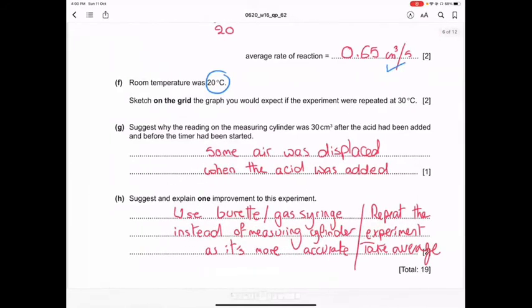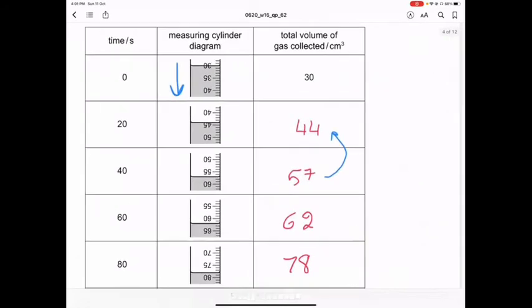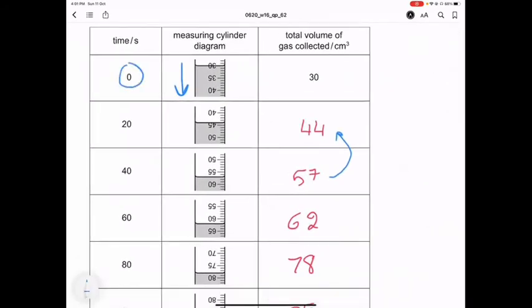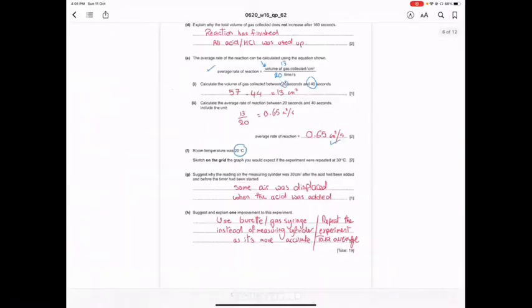G, suggest why the reading on the measuring cylinder was 30 centimeter cubed after the acid has been added and before the timer has been started. This is not an easy question. He says at the beginning, before we start anything, there were 30 centimeter cubed of gas collected. What happened? Okay, the reason for that is that some air was displaced when the acid was added.